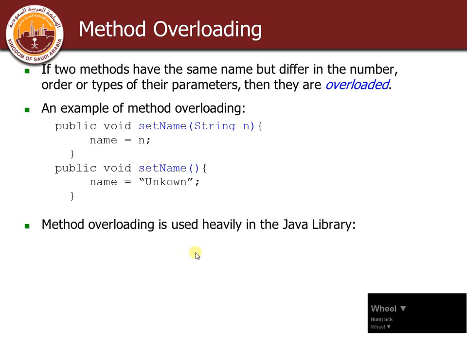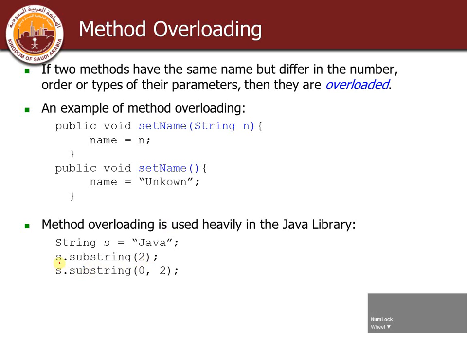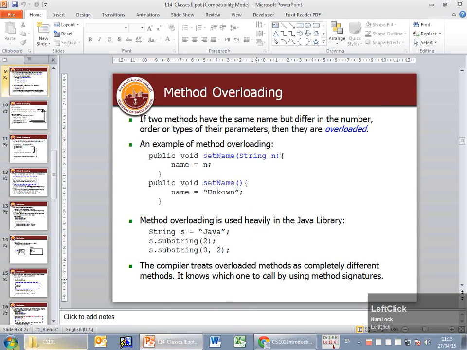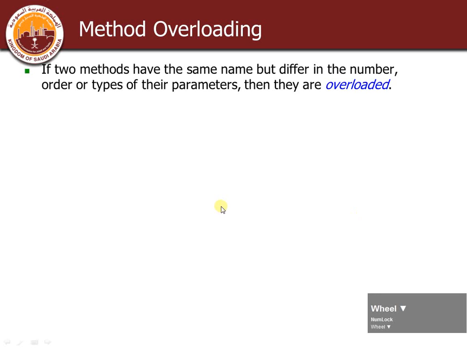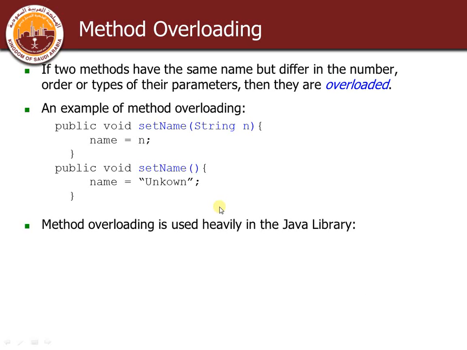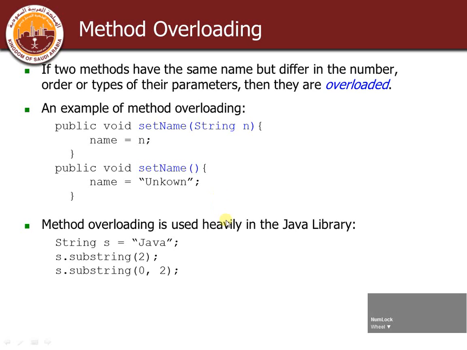So we've been using method overloading for a long time. You remember this substring? Let me maybe show you something even more interesting. Let's start this NetBeans while we're talking, because I'm going to show you some other examples, especially one that you've been using since the beginning, and it is an overloaded method.